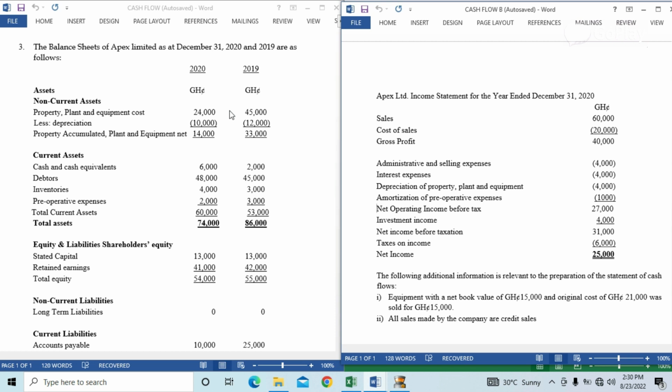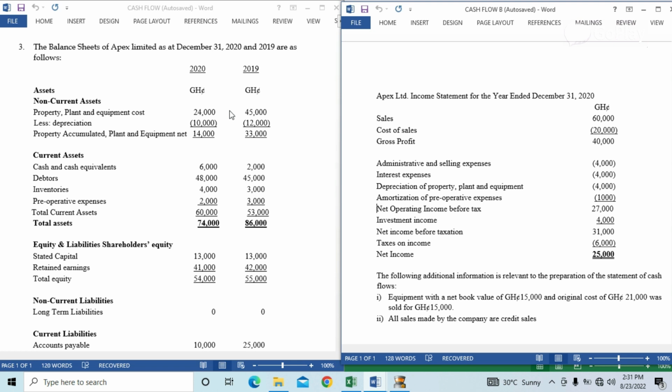Also, for the basis of the direct method, I've done a video tutorial on control accounts, which we are going to employ in preparing the cash flow statement. So in case you haven't watched the video on control accounts, on how to get the unknown figures, or how to get the cash paid to suppliers and the cash received from customers, you can watch that video.